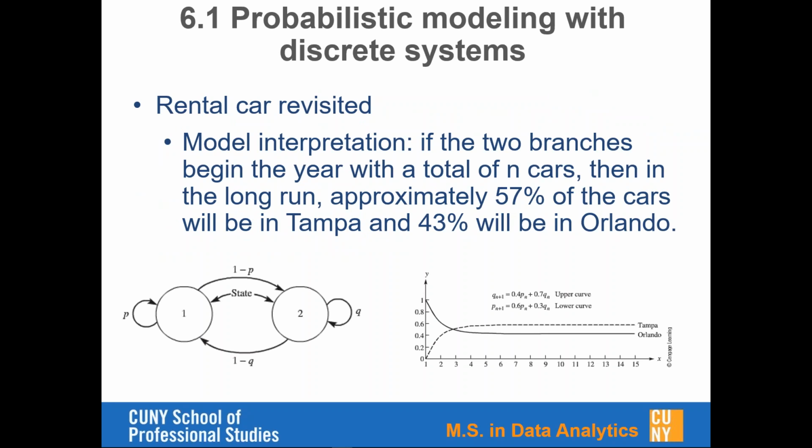So this would be one of the ways to model discrete state probability, but with a transition probability. For example, the rental car example: someone gets a car rental from location 1, and there's a certain probability that he would return that rental car to location 1 with a probability p, as you can see here with this p.